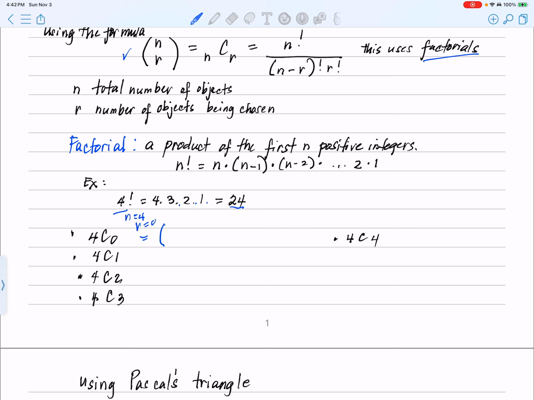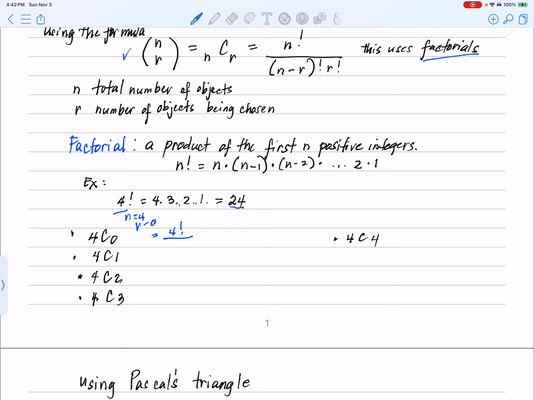I'm going to write it this way. So I'm going to have n factorial, which is 4 factorial, over n minus r. N minus r, 4 minus 0 is 4.